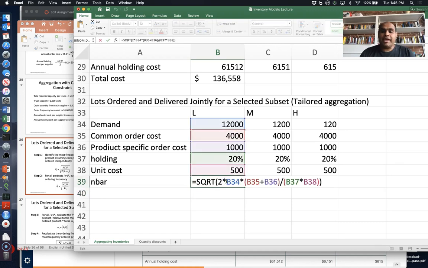Oh, right, I'm calculating n bar, so I have to do it the other way around. Calculation of n bar will be H times C times D divided by 2 times the total order. It's just a reworking of the formula. The numerator becomes the denominator, D goes to the numerator. It's a simple reworking, nothing fancy.